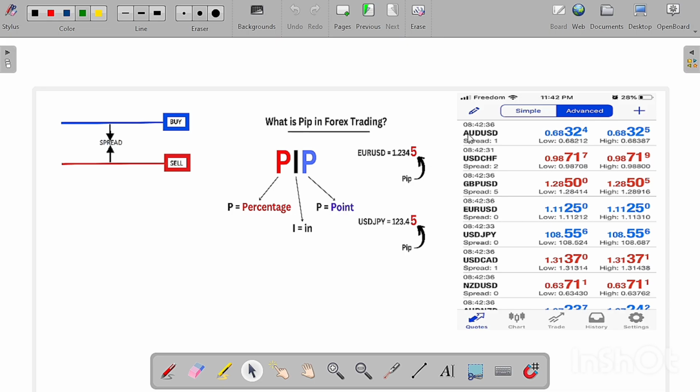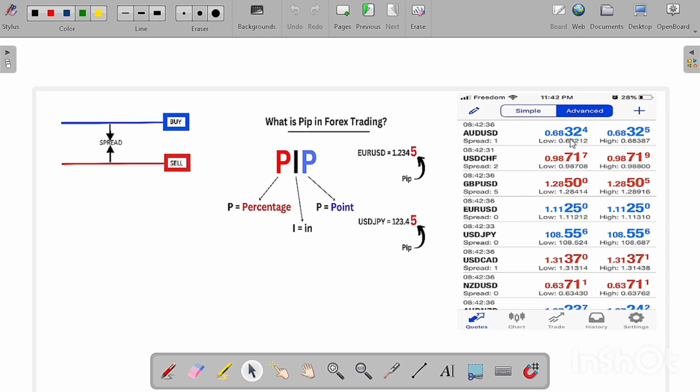When we read a currency with just these letters, we can tell very fast what we are talking about. So these are Australian dollar, US dollar, Switzerland franc. We have Great Britain pound versus US dollar, euro versus US dollar, US dollar versus Japanese yen, US dollar versus Canadian dollar. Very simple: CA represents Canada, D represents dollar. We have New Zealand dollar versus US dollar.